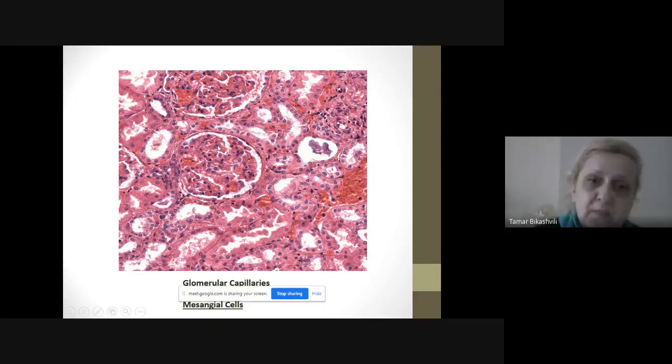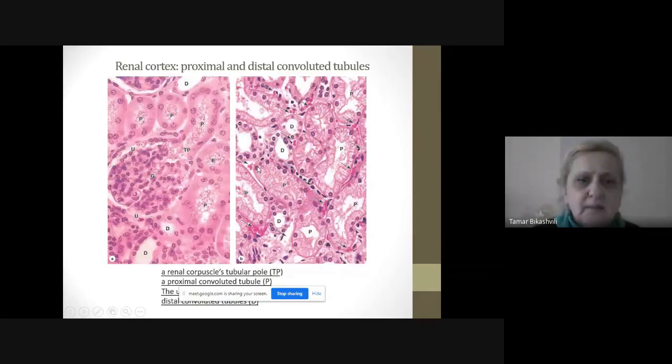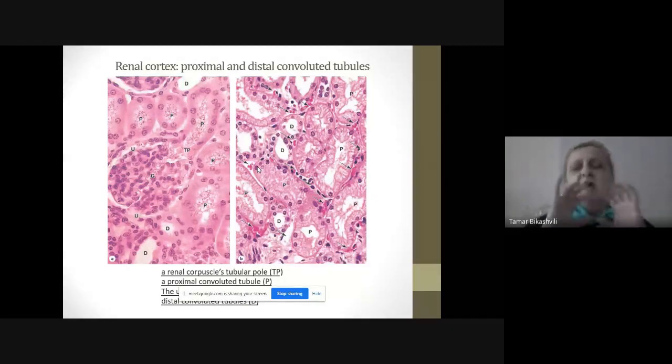But we can see the space between these layers, the Bowman's space. So about the renal corpuscle, we know this is a very important part of the nephron where filtration proceeds.